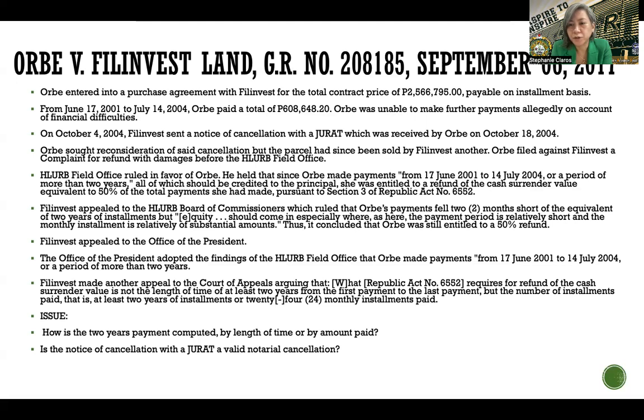and the commissioners ruled that Orbe's payment fell 2 months short of the equivalent of 2 years installment. But equity should come in, especially where, as here, the payment period is relatively short and the monthly installment is relatively of substantial amounts.